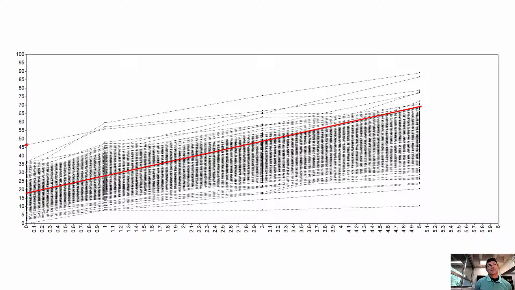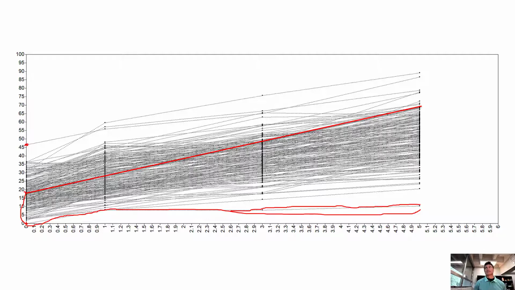Their intercept is very different than the 19 that is created by the average. We also have some people that are starting off at a very low number and stagnate over time. So again, their intercept is very different from this average intercept. Their slope, this person's slope here, if I could draw a straight line, is pretty flat compared to this average, which is going up over time.